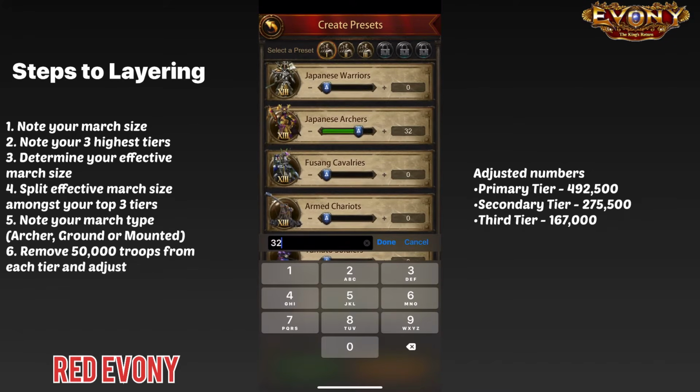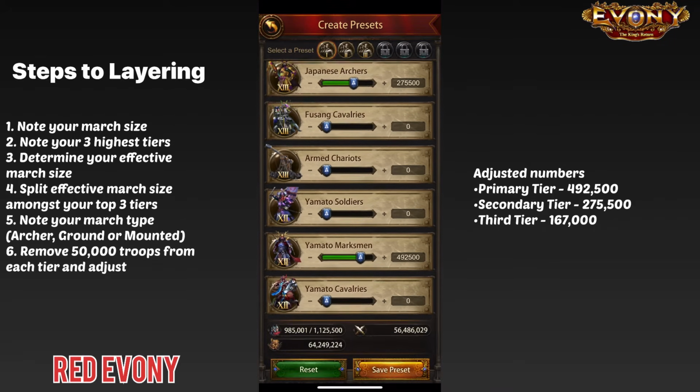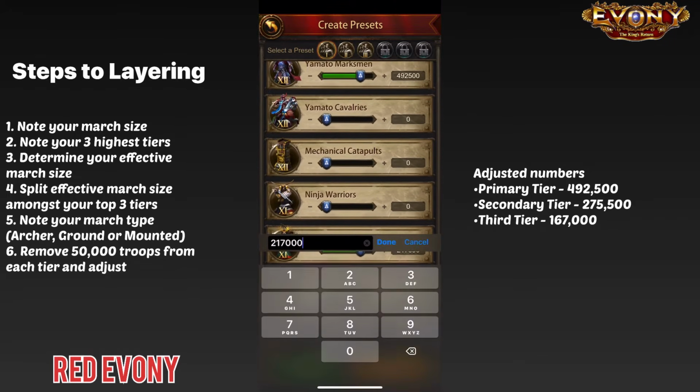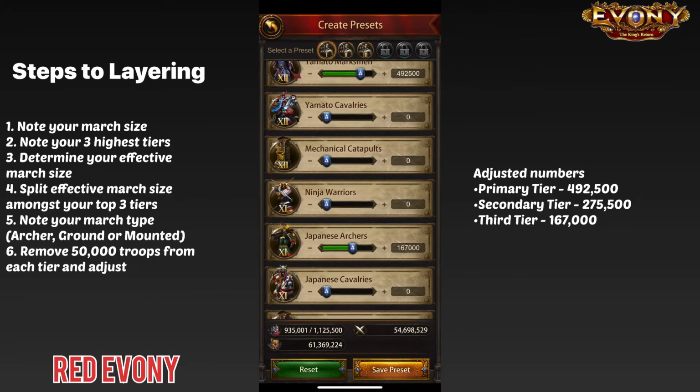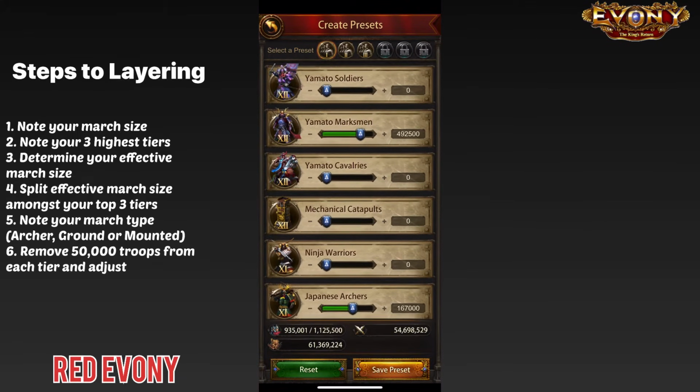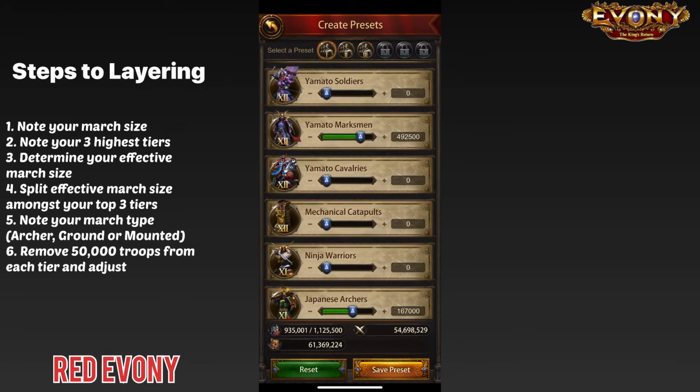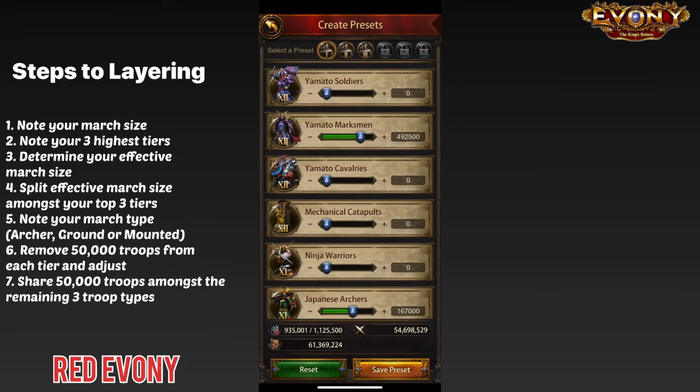Secondary tier, like this. And then the third tier, like so.